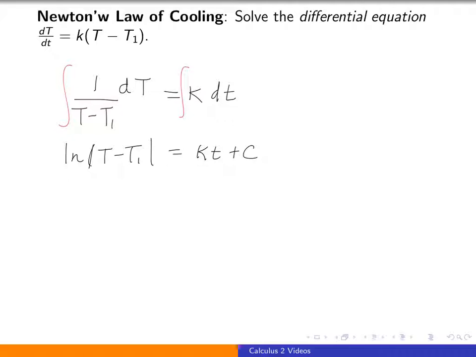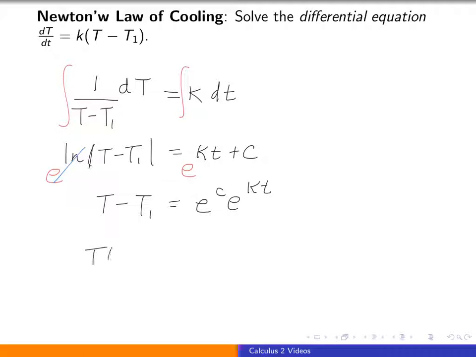To get a formula for big T, we want to get it outside of that natural log. If these two quantities are equal, the exponential evaluated at those quantities will be equal. So e to the natural log goes away. We have T minus T1 equals, and I'm going to write this as e to the c, e to the kt.